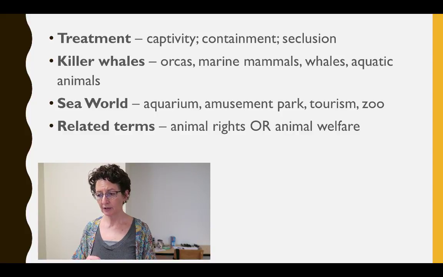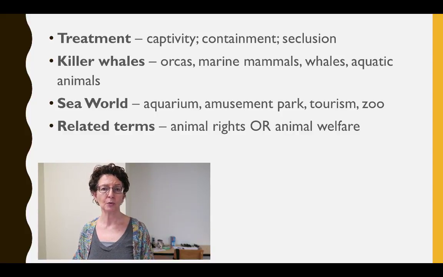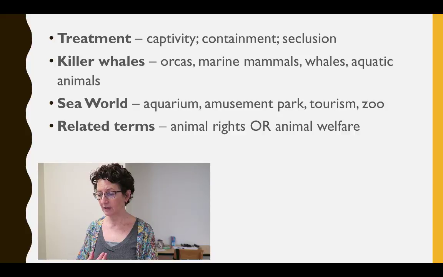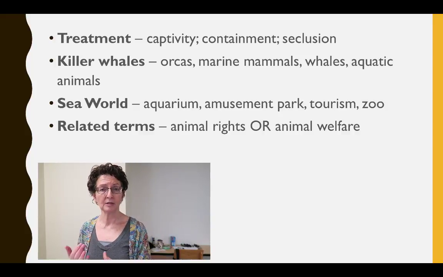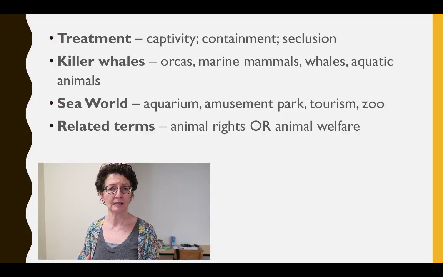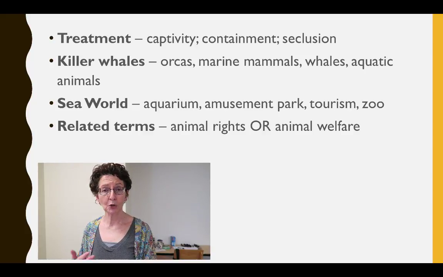So a more generic term that really speaks to our interest in this topic is to use aquarium or amusement park or zoos and maybe even tourism. Although if you use tourism, you may end up with some articles on how to maintain these animals at SeaWorld if you work at an amusement park, or how to attract people to come to the amusement park.